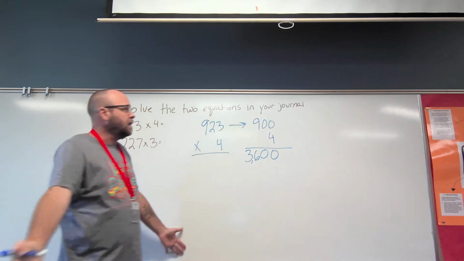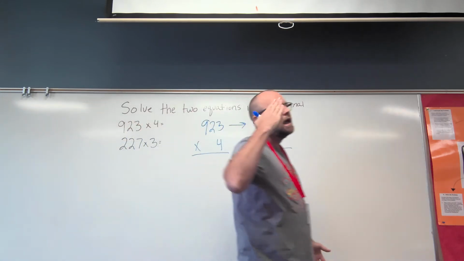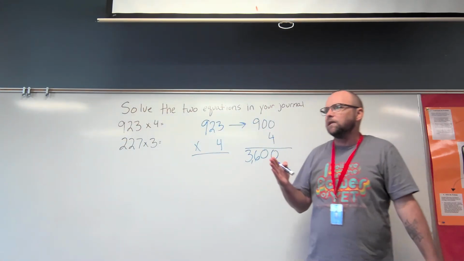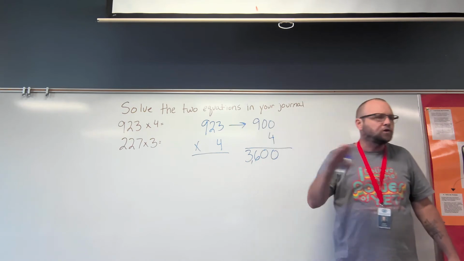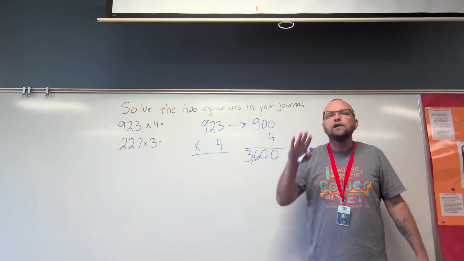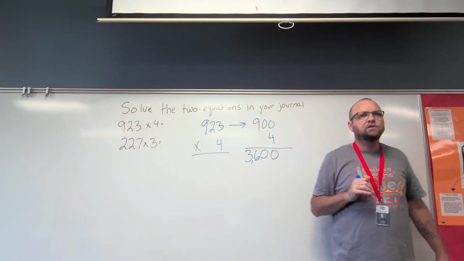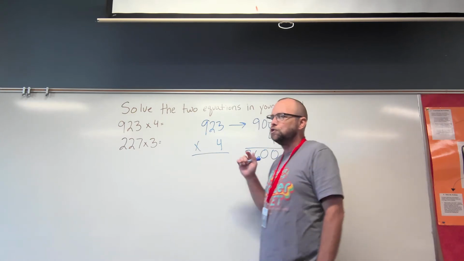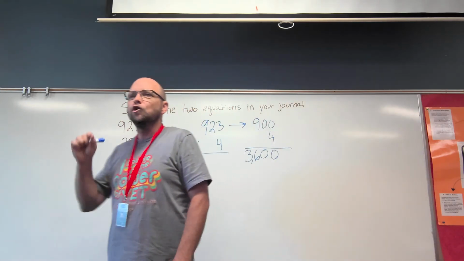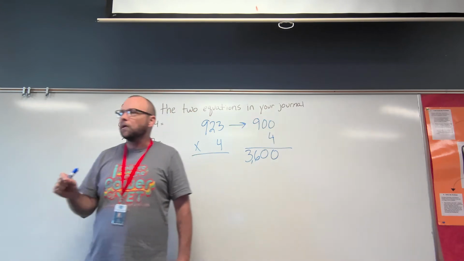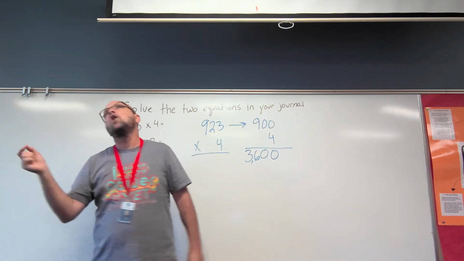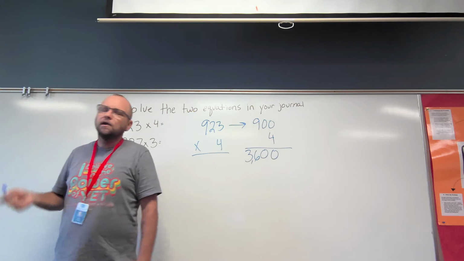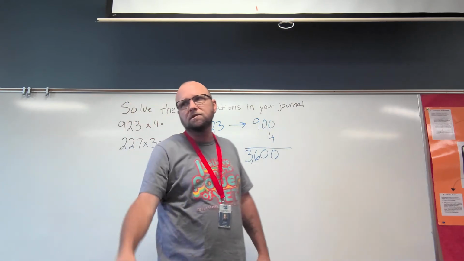But I'm going to tell you right now, it doesn't matter how big of a multiplication problem it is. All you have to know is your 1 through 9 multiplication facts, which you have in your journal.